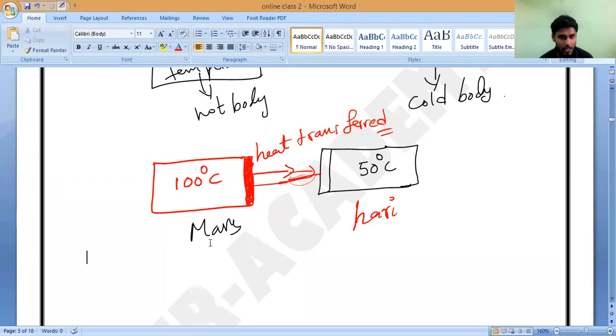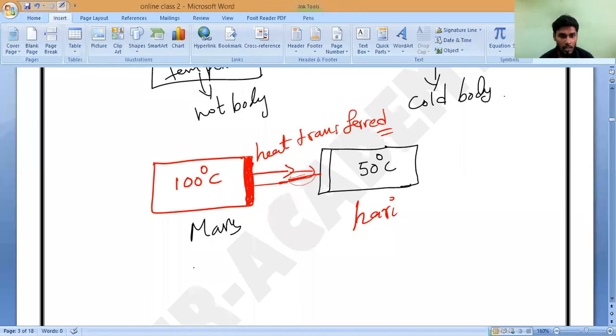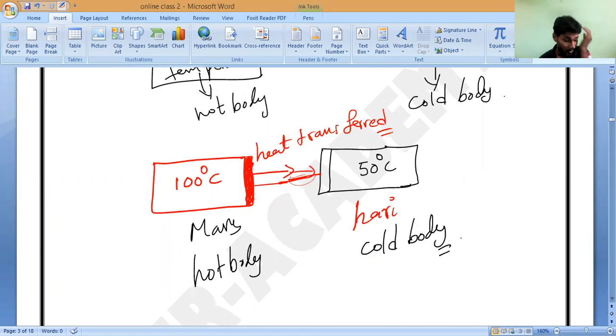Now according to this temperature, Hari is the cold body and your body is the hot body, so heat will start transferring. Is it yes or no? Yes, sir. Now observe very carefully.